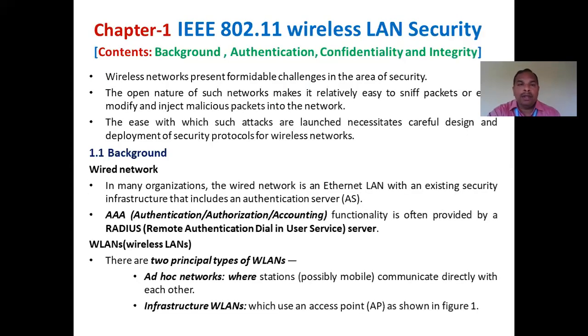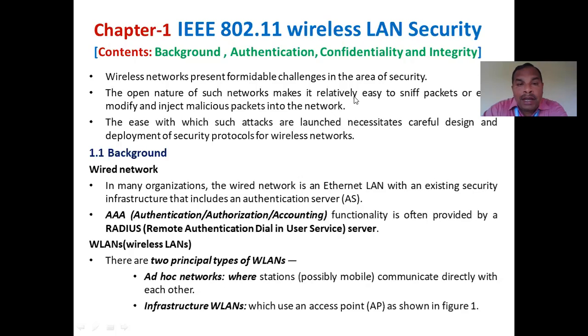Coming to chapter 1, IEEE 802.11 Wireless LAN Security. The content of this chapter is background, authentication, confidentiality, and integrity. Before going to the background, we are interested in carrying out wireless networks, and when you do that, you need to face a few challenges in the area of security, because a wireless network is open in nature.